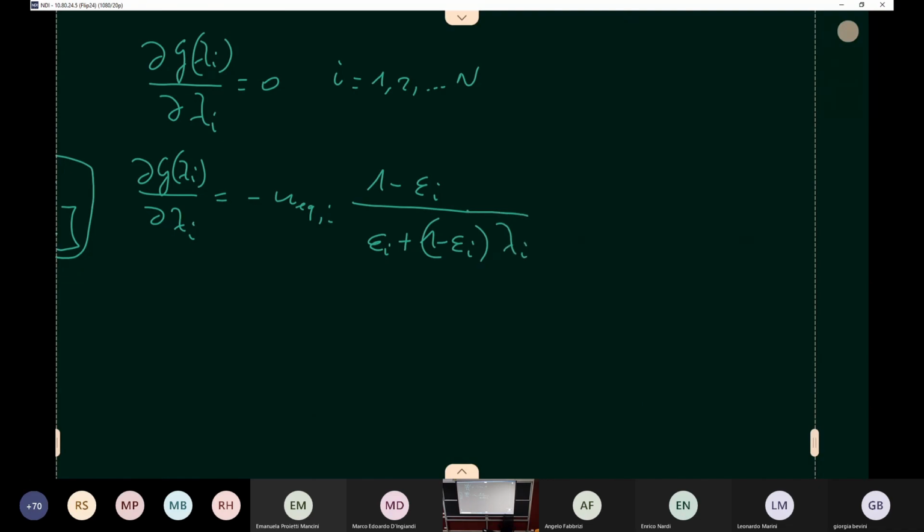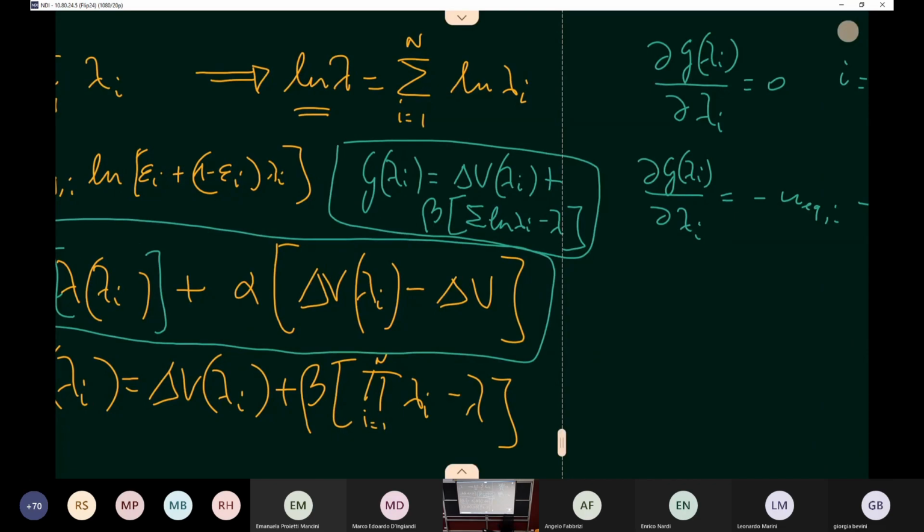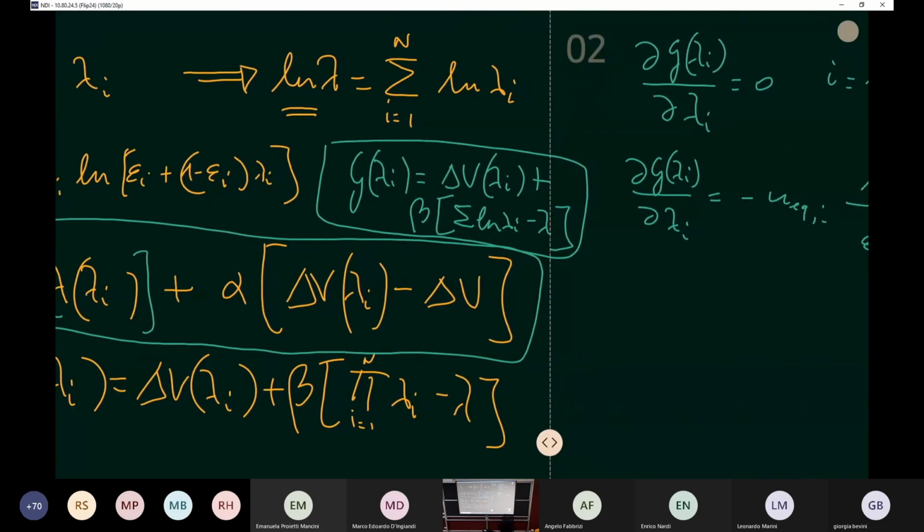And then we have the Lagrangian multiplier alpha, sorry, beta, or call it alpha, that's the same; it will be easier for me to avoid confusion. This is multiplied by the Lagrangian multiplier by these terms between brackets, that is a constant, so the derivative is 0. Here we have the logarithm, the derivative is just 1 over lambda.